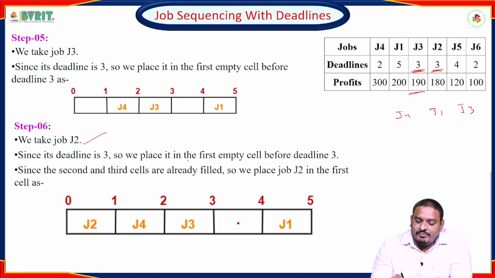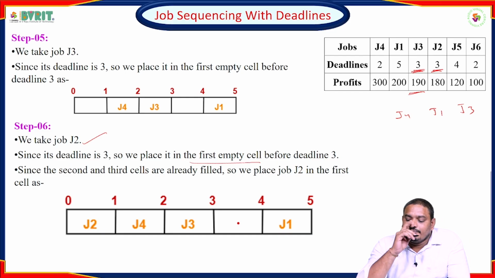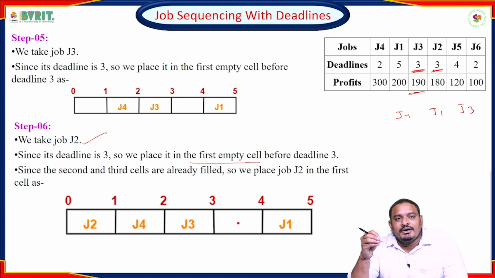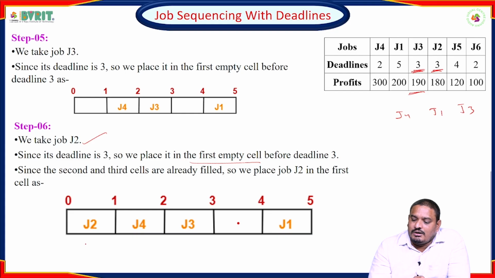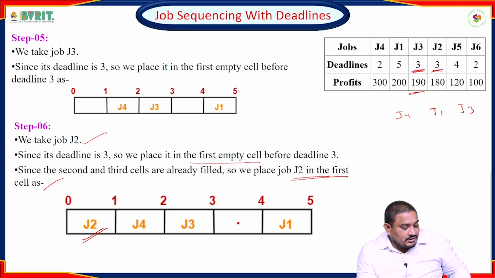We can place it in the first empty cell before deadline 3. Since the second and third slots are already filled, we can place J2 in the first cell.